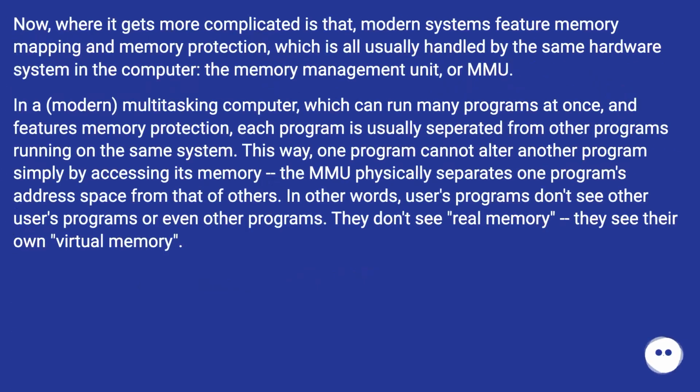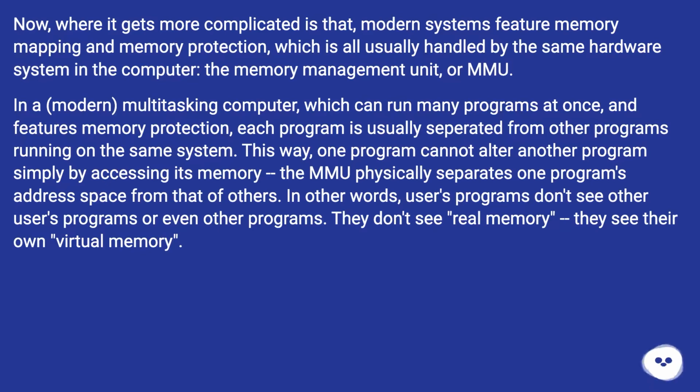Now, where it gets more complicated is that modern systems feature memory mapping and memory protection, which is all usually handled by the same hardware system in the computer, the Memory Management Unit, or MMU. In a modern, multitasking computer, which can run many programs at once and features memory protection, each program is usually separate from other programs running on the same system.